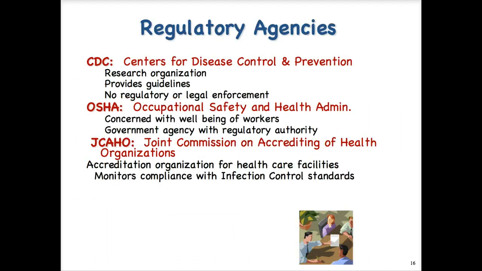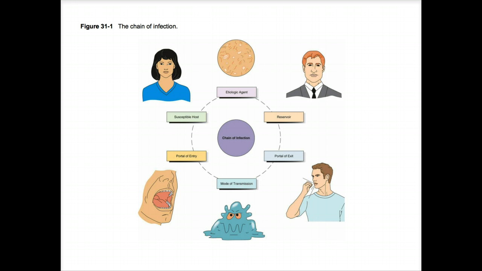There are regulatory agencies nationally that review and cite facilities on their preventive practices for infection, so you should be aware of what these organizations are, that they exist, and you're accountable to them. Again, you should know this chain of infection, the path, and what we need to do to break it. It is good hand washing and good technique. It'll definitely be on the test.